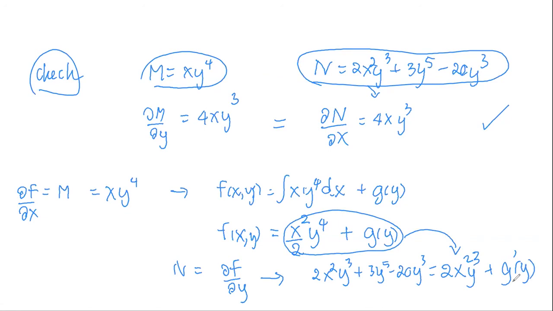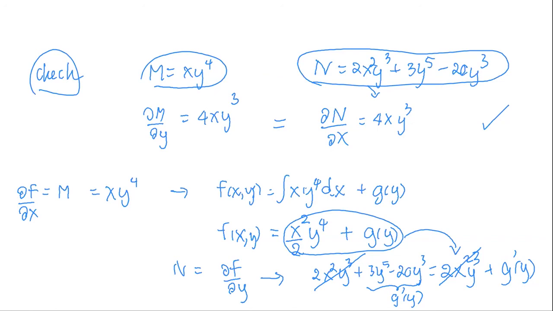And now we're gonna find out what g prime of y is. So 2x squared y to the third reduces, and therefore g prime of y is 3y to the fifth minus 20y to the third.